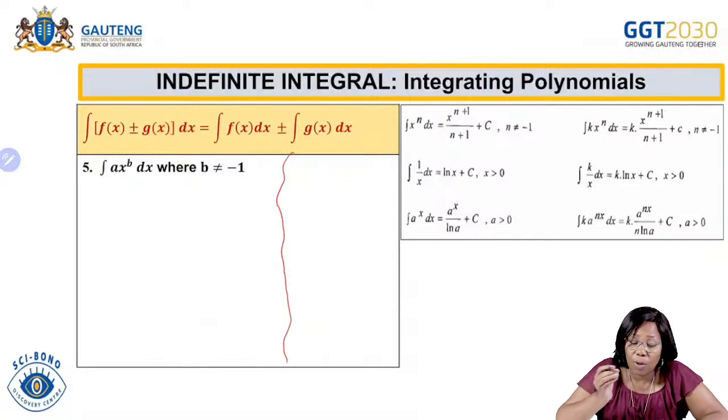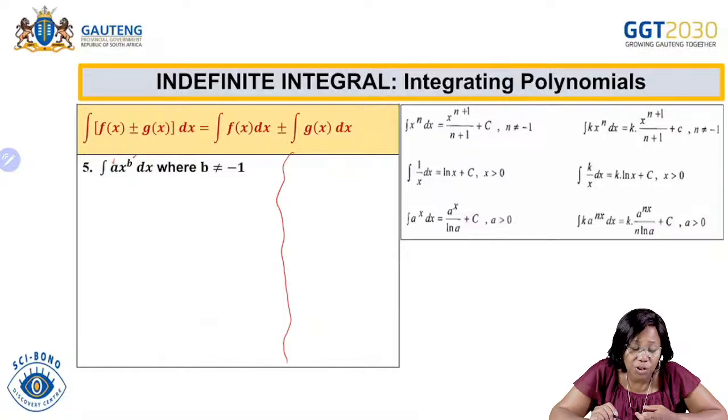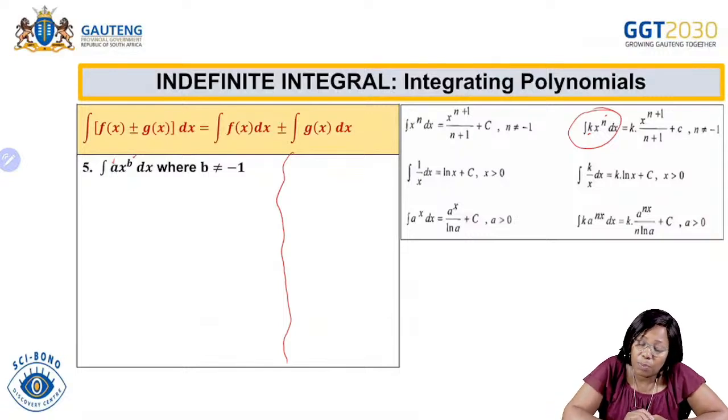We relate to our question. This one says we have a being a coefficient. That means a and b represent certain numbers. So we have the coefficient being a number there, and then we have b there. That means it's rule number 1, the second one, 1.2.